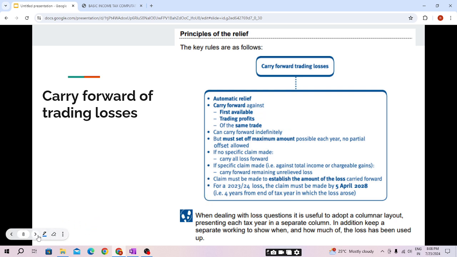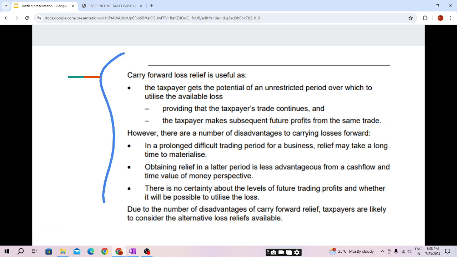Now students, this is a general theory of the carry forward loss relief. Carry forward loss relief is useful as the taxpayer gets the potential of an unrestricted period over which to utilize the available loss.